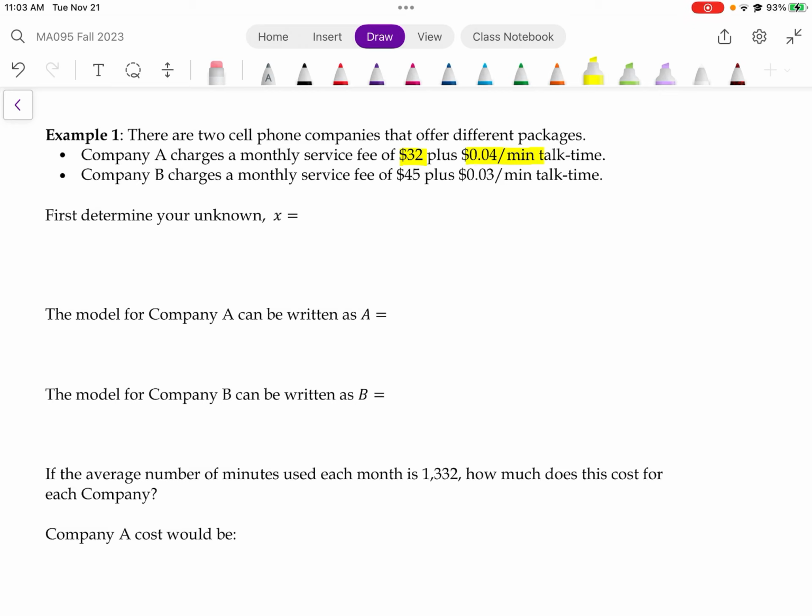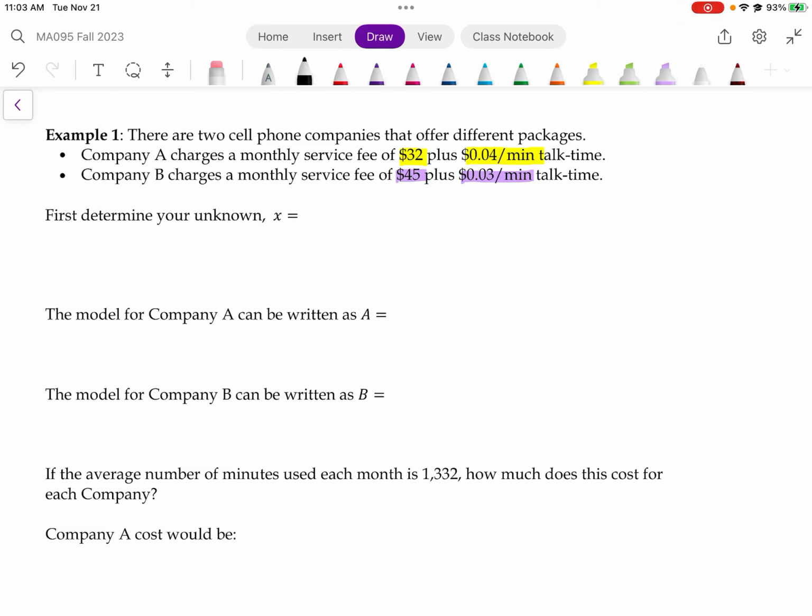The other company charges a base fee of $45. That's a monthly service fee, plus 3 cents per minute talk time. So think about which one of these is the rate of change and which one is going to be your starting point or your base price.